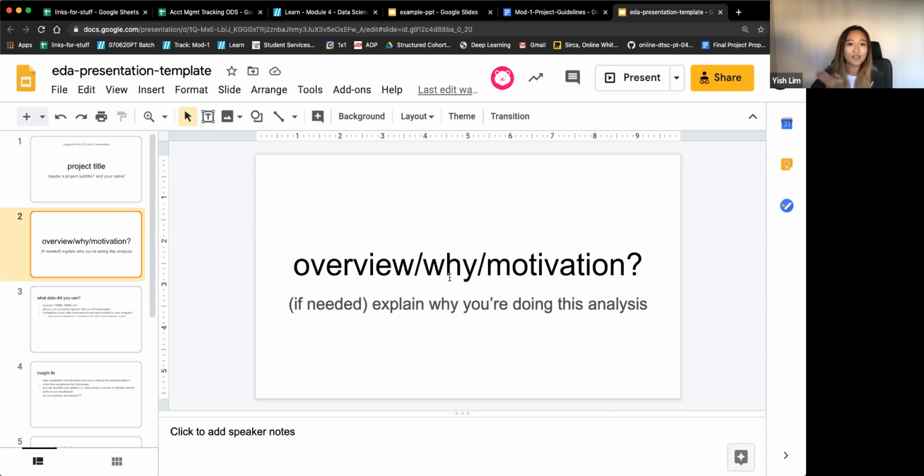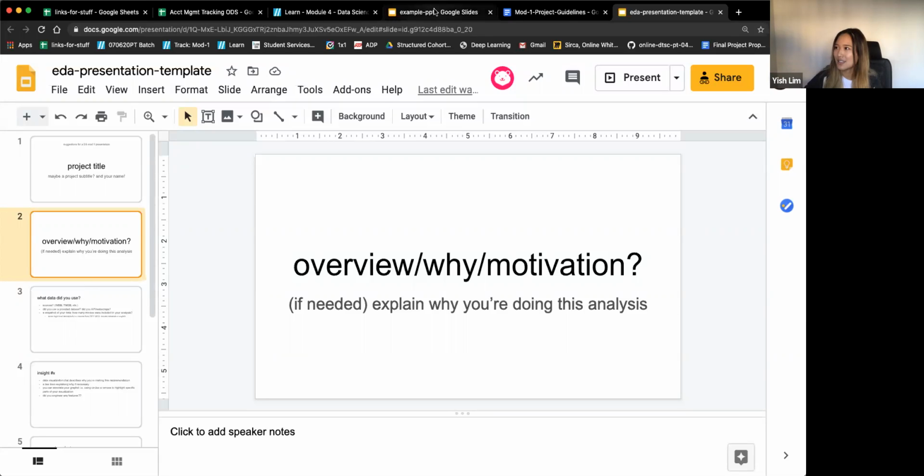Or if you have a why, if you come up with why am I looking at this particular subset of this movie data set, you can add that into this slide as well. Basically anything that would provide extra context to your analysis, or add weight to the things that you're saying.